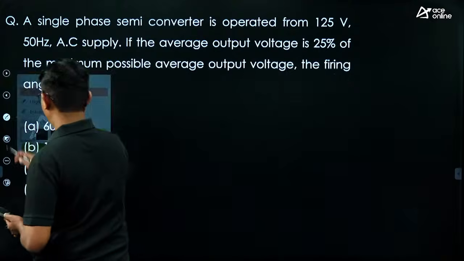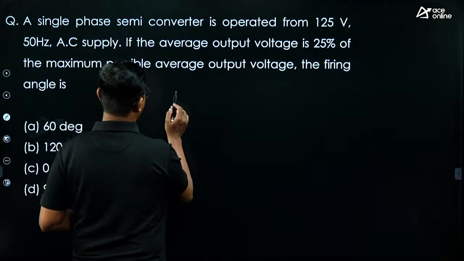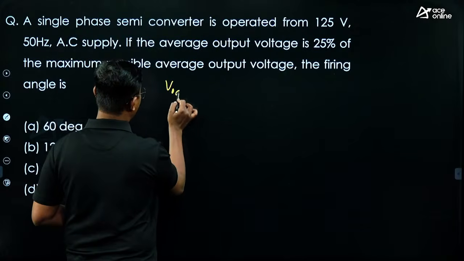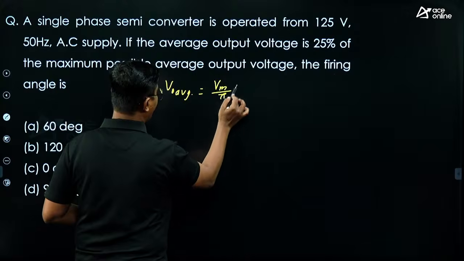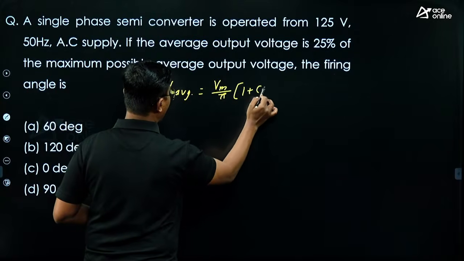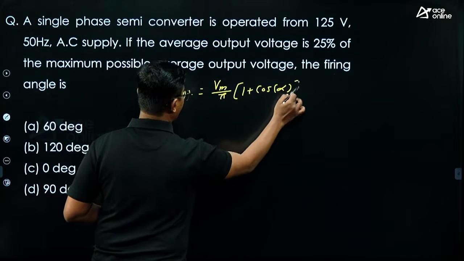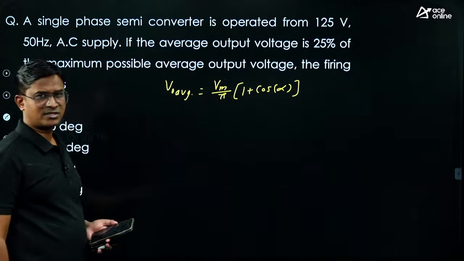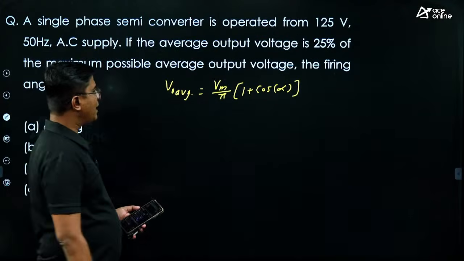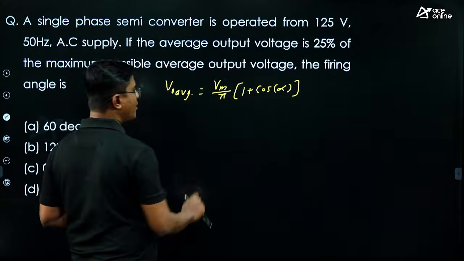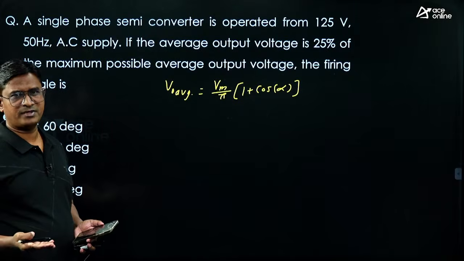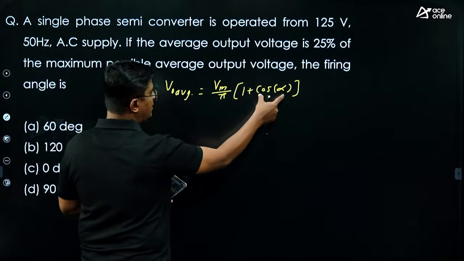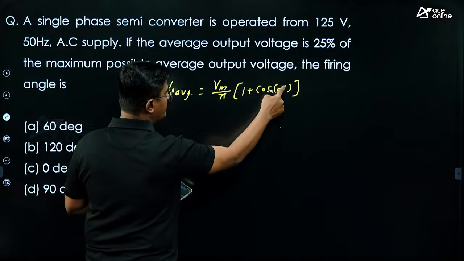Tell me, for a semi converter, what is the output voltage expression? Vm by pi into 1 plus cos alpha. Now, at what value of alpha do I get V0 average maximum? When alpha is 0 degree, this term becomes maximum, that is 1.